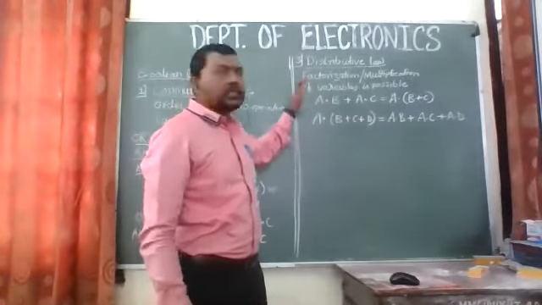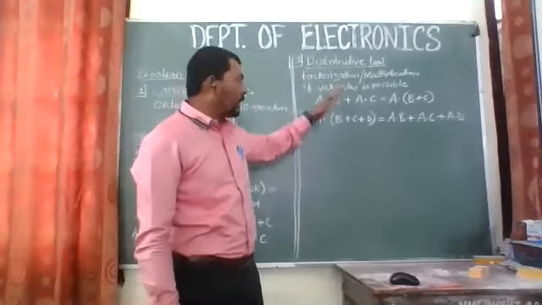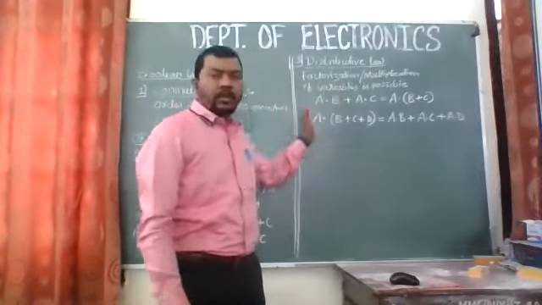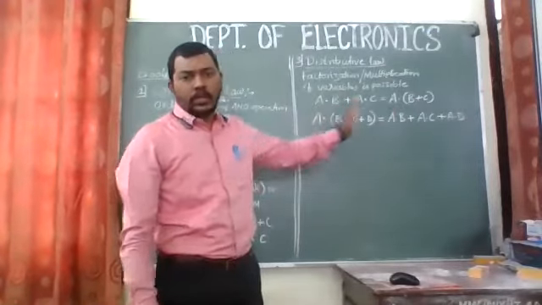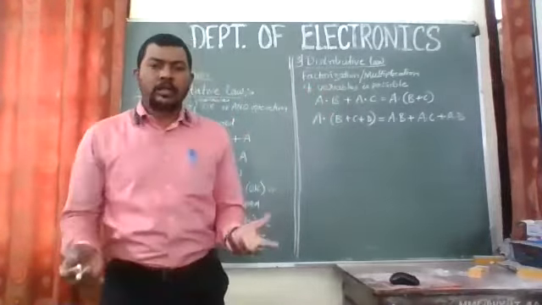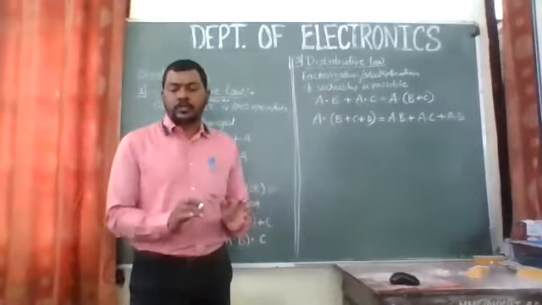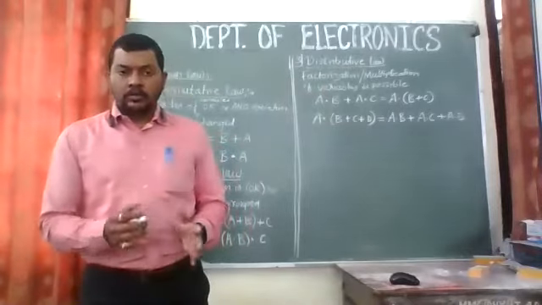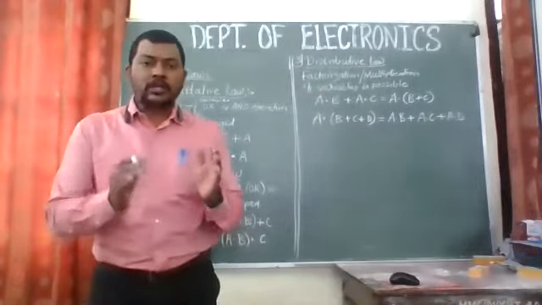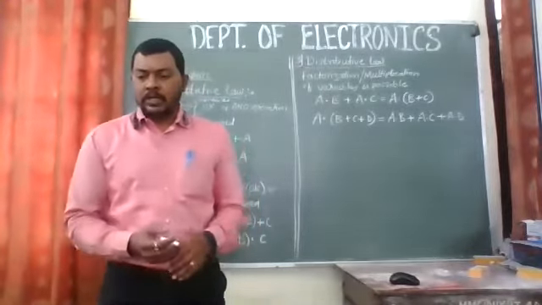So this is the distributive law. In the distributive law, we can do factorization, taking common out of it, or we can multiply the bracket through this variable to all. That is what we have already studied in our general mathematical rules. So this is the distributive law in Boolean expressions. What did we say? Factorization and multiplication of variables is possible.